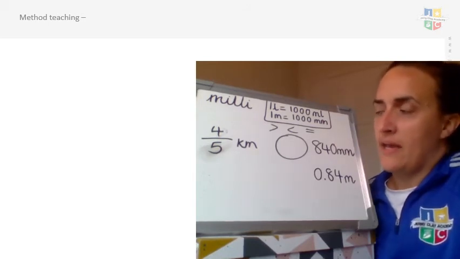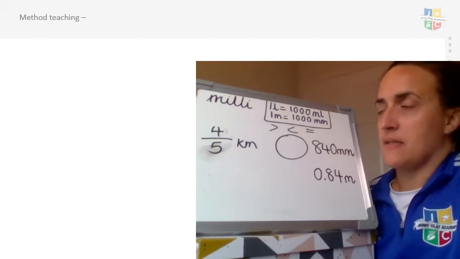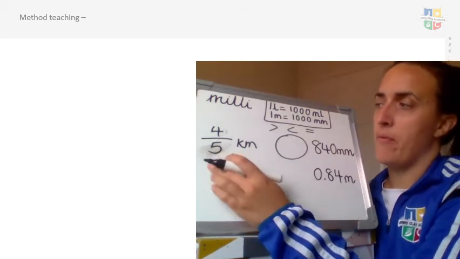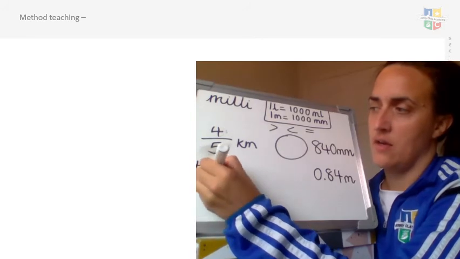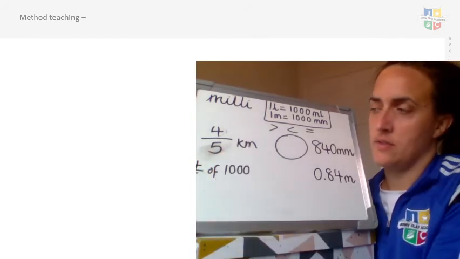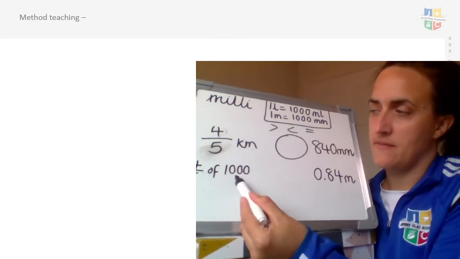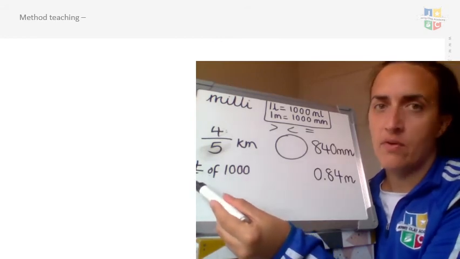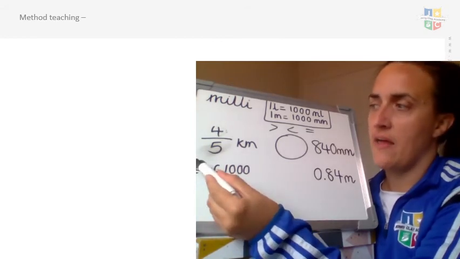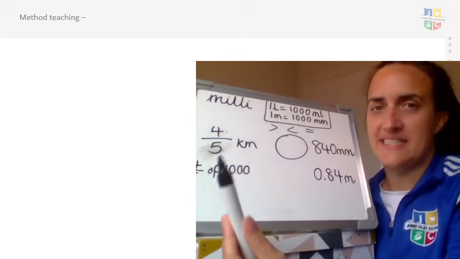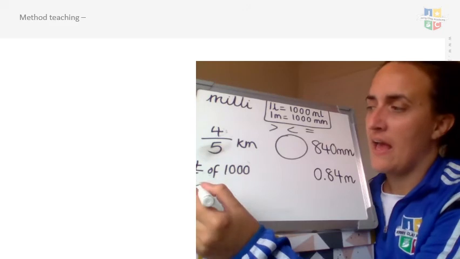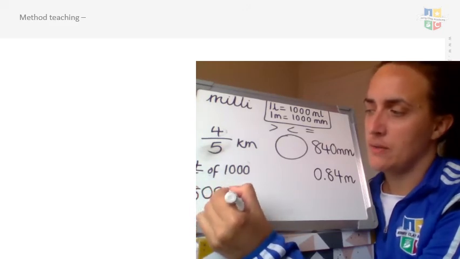So it's quite tricky at the moment, but remembering that kilometre means 1,000, I need to work out 4/5 of 1,000. So I could do that by dividing my 1,000 by 5, which is 200, and then multiplying by 4. So this is the learning from last week. You see how it's all coming together now? And that would be 800 metres.